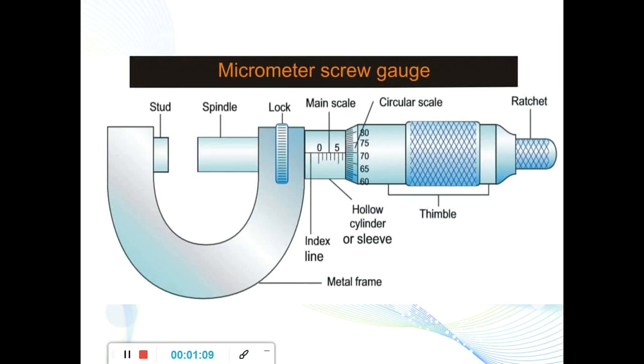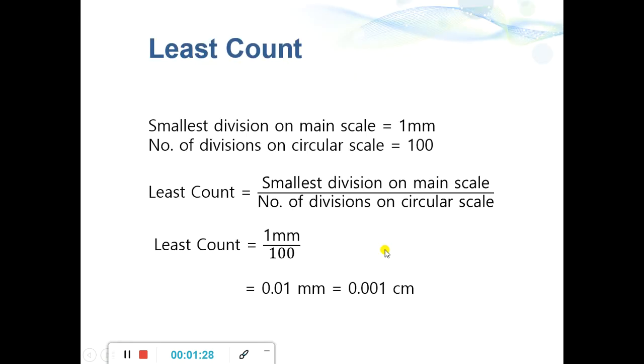So screw gauge has also its two main parts, which are circular scale and main scale. The main centered line is called index line. Here we see least count of screw gauge.